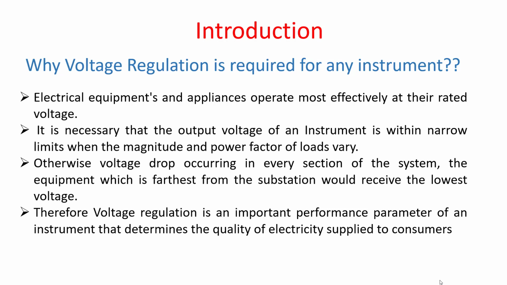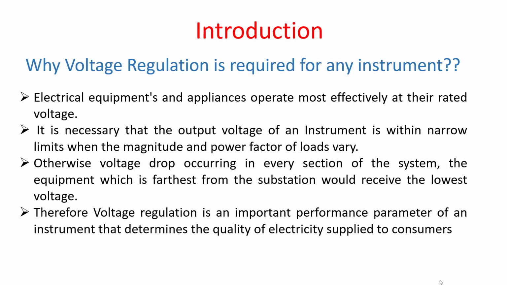Otherwise, with voltage drop occurring in every section of the system, the equipment which is farthest from the substation would receive the lowest voltage. Of course, lowest or highest voltage depends on whether the load is leading or lagging, capacitive or inductive. Normally, inductive load is assumed, so that's why it is written lowest voltage.